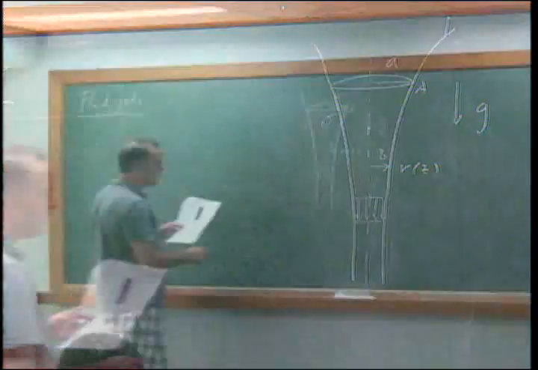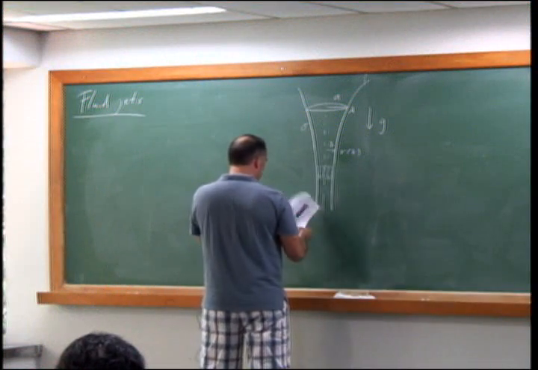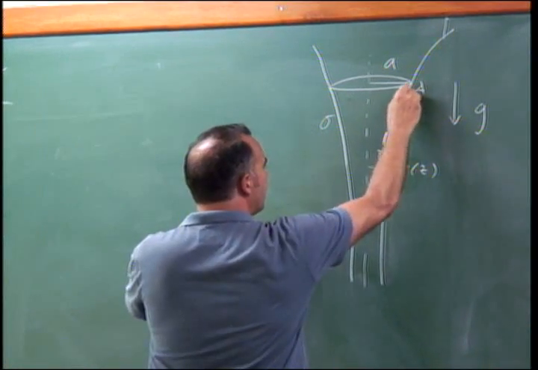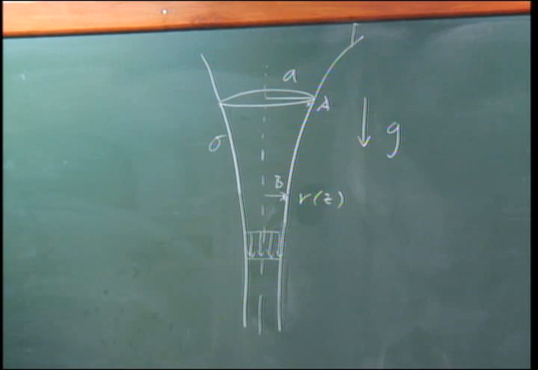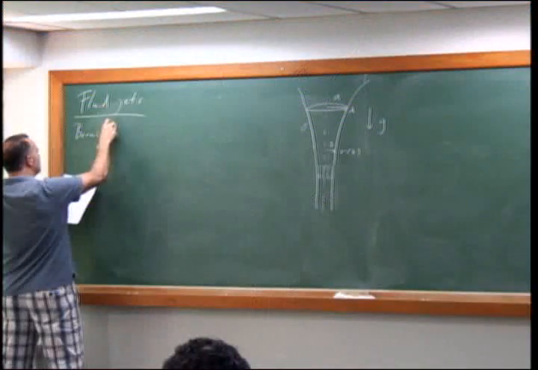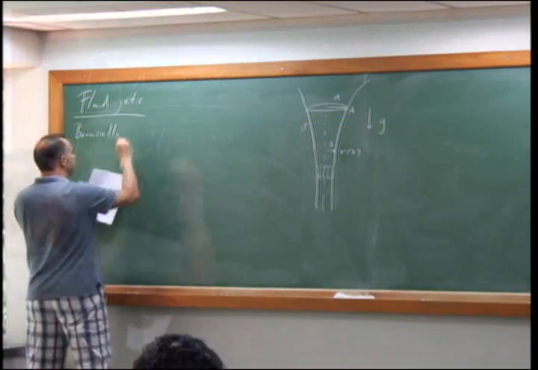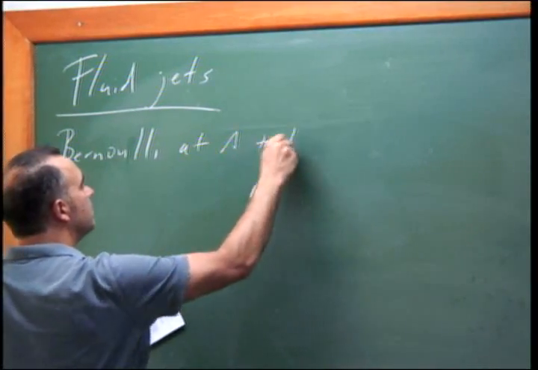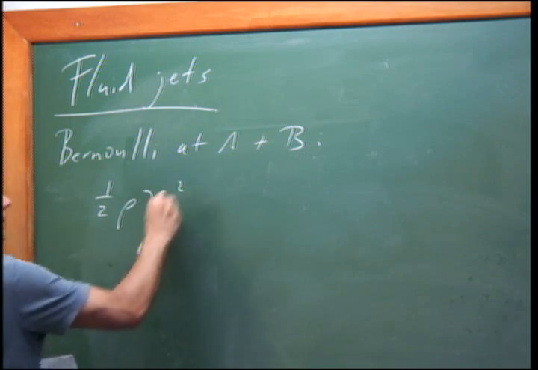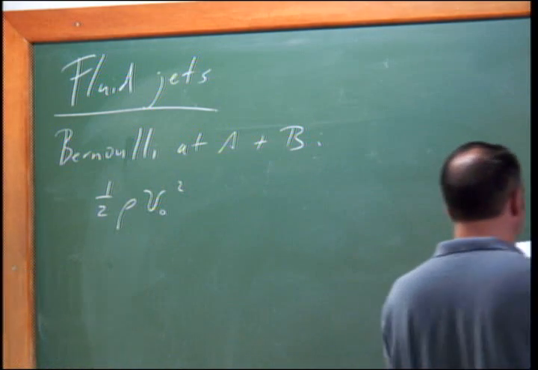So if we look at two points, A and B, right here and right here. That's the initial inlet speed U naught.